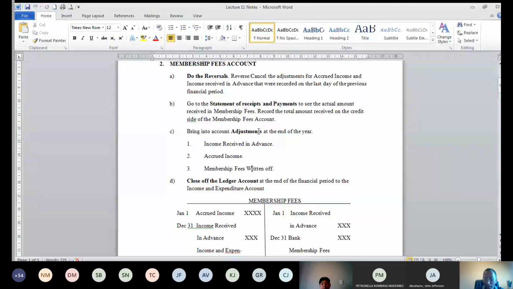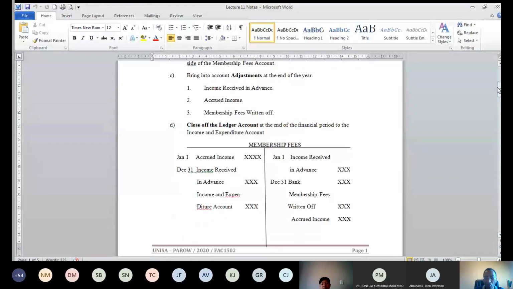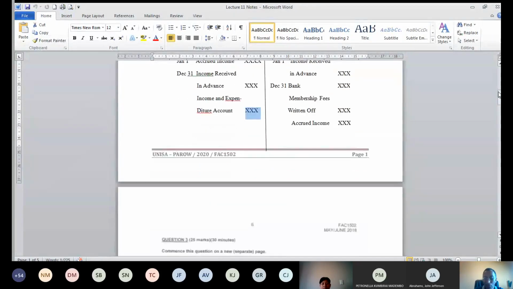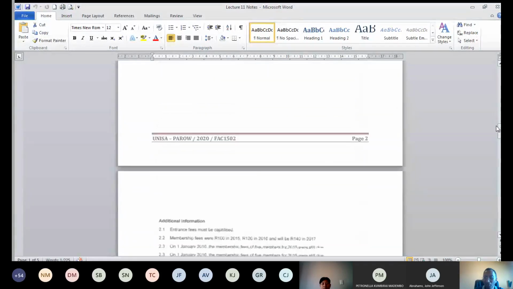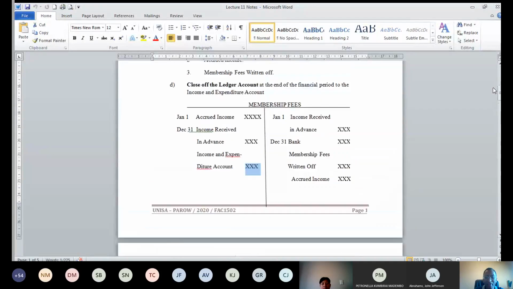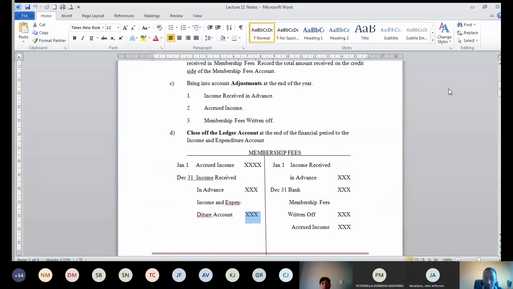Now, after you have taken into account all of those adjustments, you close off the membership fee account to the income and expenditure account. This is the difference between the debit side and the credit side, and this is the actual income for membership fees after all the adjustments have been accounted for. That will then be the amount of the membership fees.